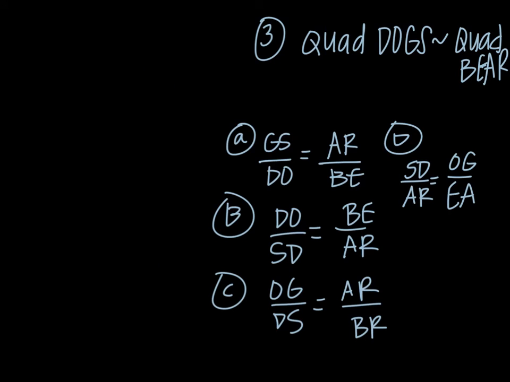Alright, example number 3. So we have quad DOGS is similar to quad BEAR. So let's write that out. So DOGS over BEAR. And let's see which of these proportions work. Alright, so A has G and S going with A and R. So this proportion is going horizontally.